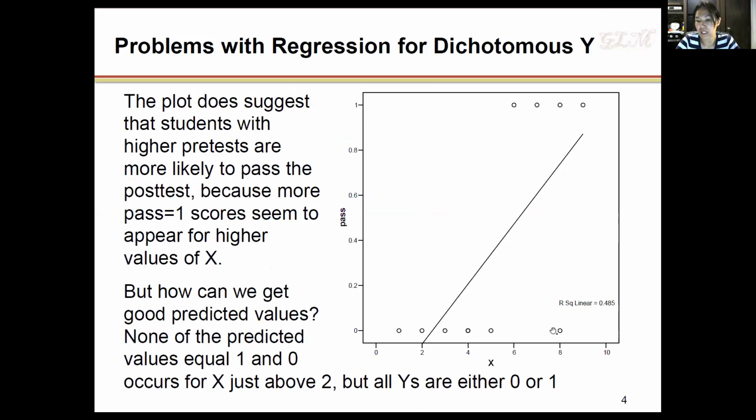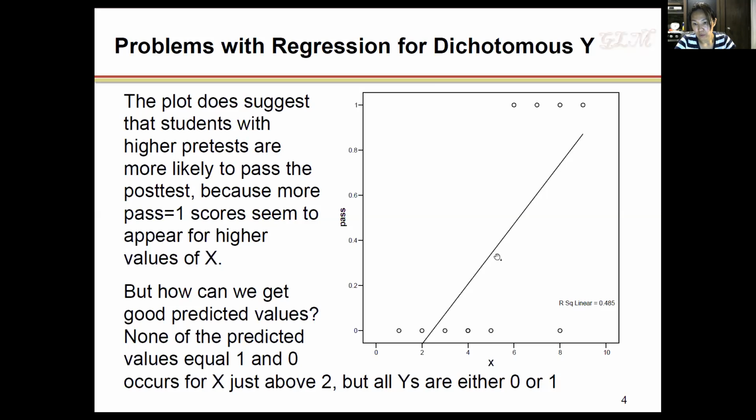Based on this x, given x, we can calculate the probability of pass for number 1 person, the probability of pass for number 2 person, and the probability of pass for number 3 person. Since they have a very low score on the x-axis, their probability of pass is very low, right?